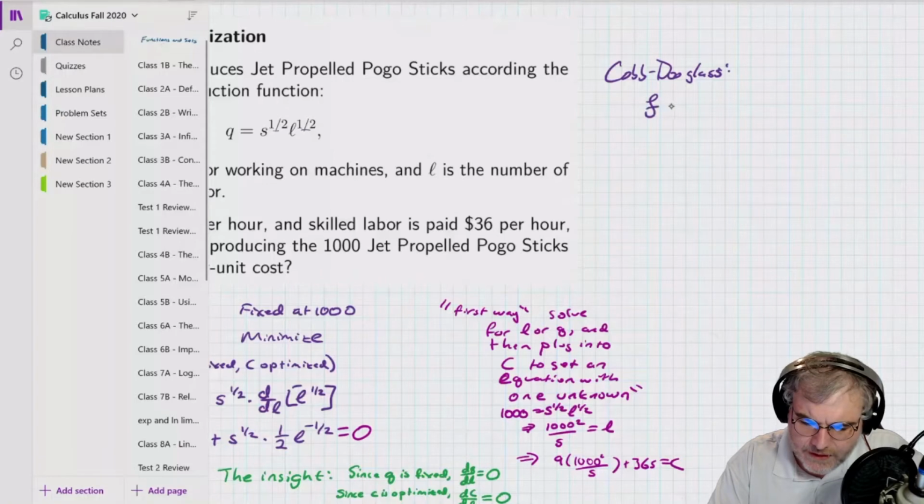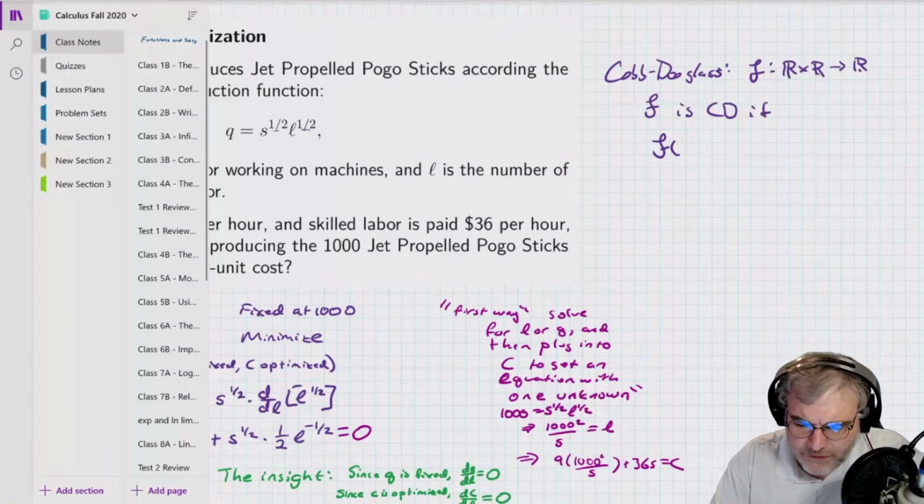F is Cobb-Douglas if f of x equals x to the alpha. I need two variables. So the input, f is Cobb-Douglas if... I want f to go from R cross R to R, or some subsets of these, right? I can have functions that are positive only.